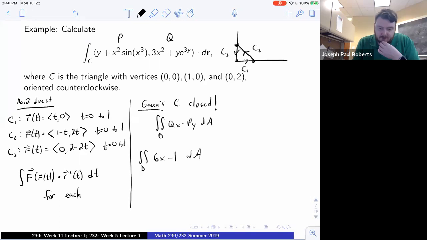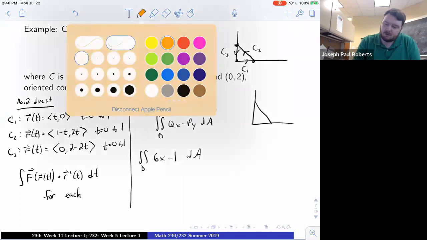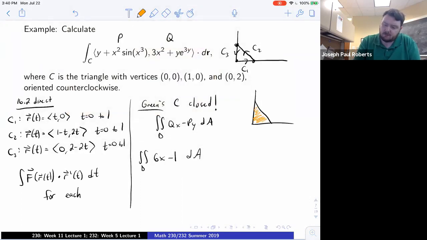okay, and then as far as doing it, got to be careful with the double integrals. So don't forget all the good stuff we learned about double integrals. This is not a rectangle, so we have to be careful with our bounds, but without too much trouble, you could see that x is going to go from 0 to 1, y is going to go from 0 to 2 minus 2x, and then you have 6x minus 1, dy dx.